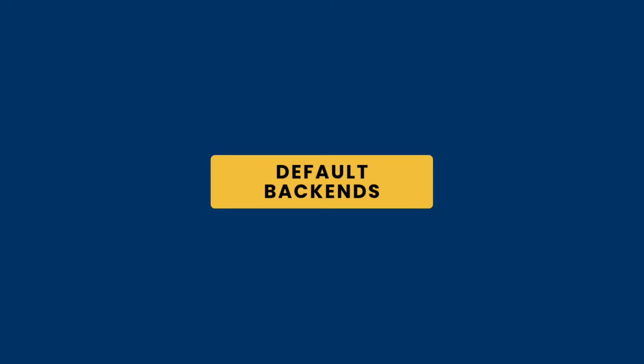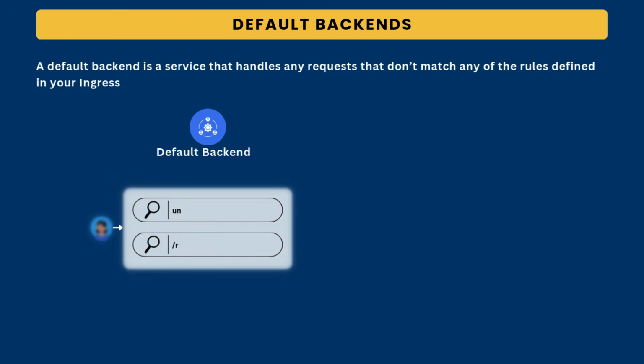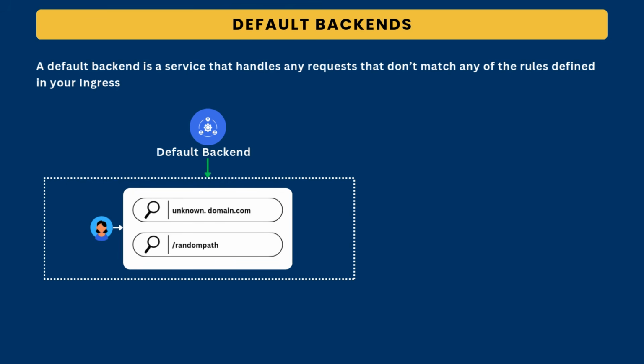Next topic we have is default backends. So what is it? A default backend is a service that handles any requests that don't match any of the rules defined in your ingress. For example, if someone visits an unknowndomain.com or some random path and there's no specific host or path rule for it, the default backend will take care of the request.